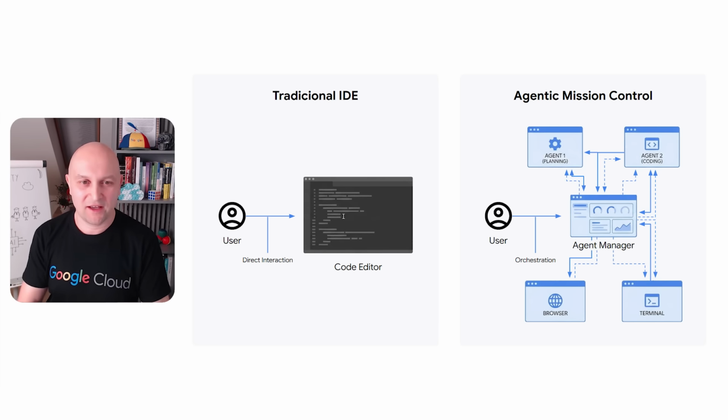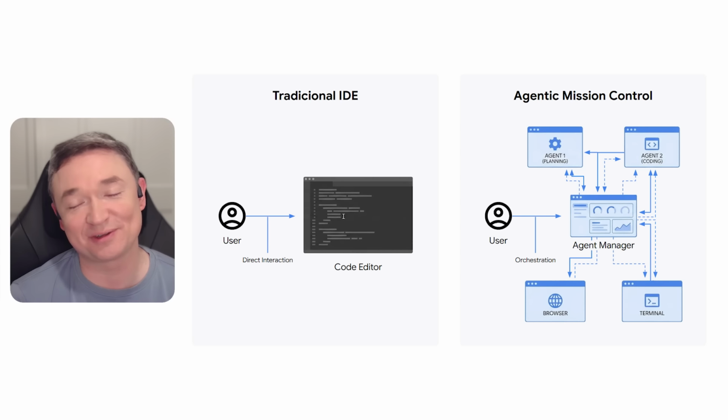Antigravity is like a mental shift. Instead of having the LLM just chatting with you, you can use asynchronous agents that are actually doing planning and coding in the background, and you are just navigating that, orchestrating everything, talking with these agents, and making sure they are moving in the right direction. That's one of the features that really excites me about Antigravity, and I will show you this in a moment.